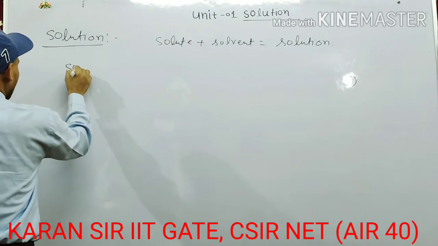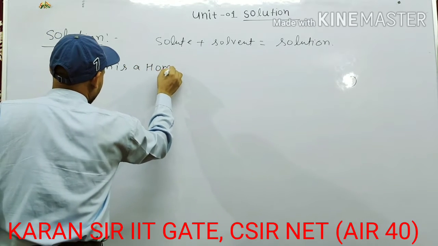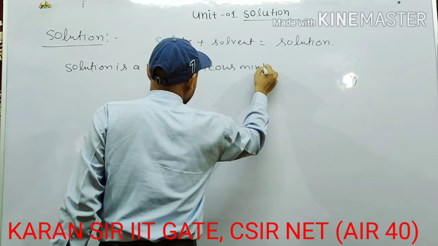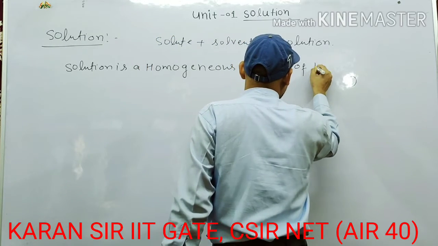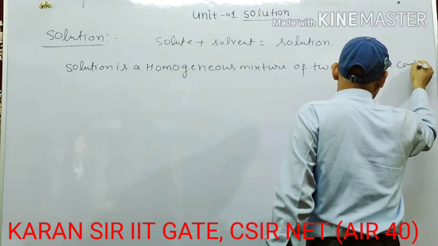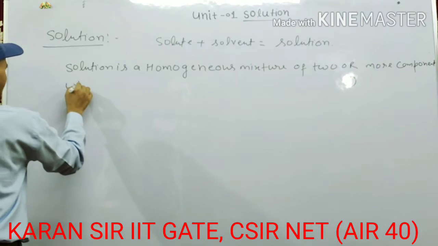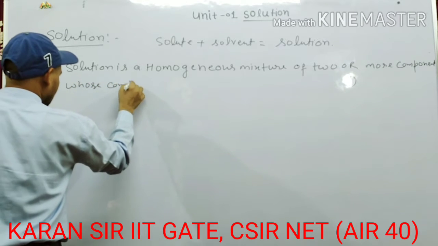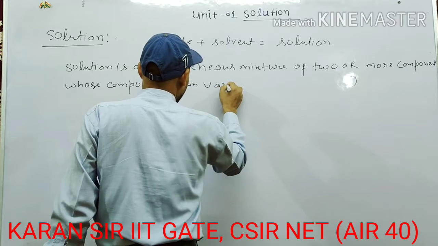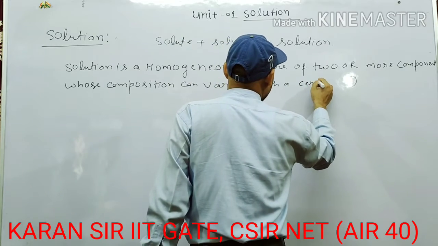Now we will write the definition. A solution is a homogeneous mixture of two or more components whose composition can vary within a certain limit.